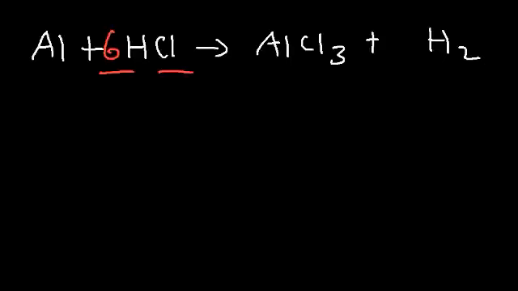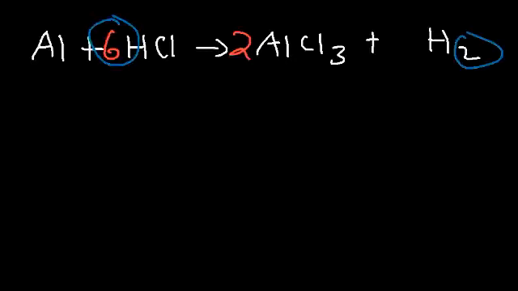So we have 6 chlorine atoms. That means that we need to put a 2 in front of AlCl3 because 6 divided by 3 is 2. So we have 6 chlorine atoms on both sides. Now we have 6 hydrogen atoms on the left, but only 2 on the right. So what number do we need in front of H2?